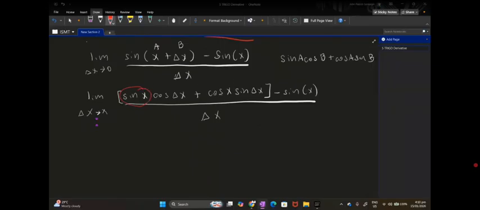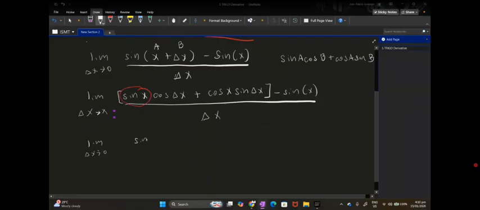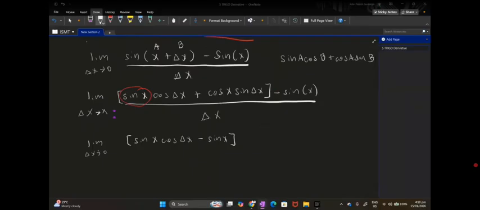So, pwede po natin pagsamahin ang sine x cosine of delta x and negative sine x. So, magiging limit, sine x cosine of delta x minus sine x. Then, lalabas po natin to, magiging cosine x sine of delta x all over delta x.